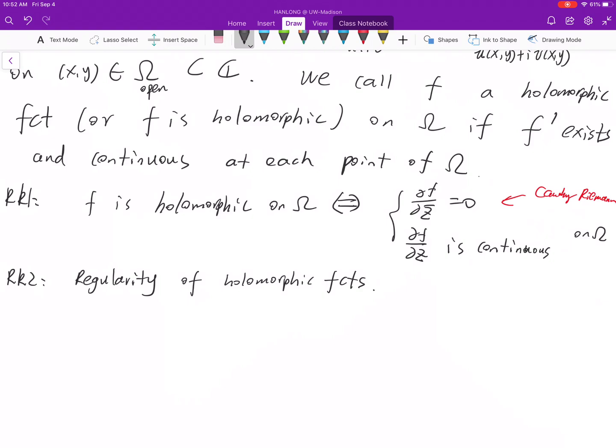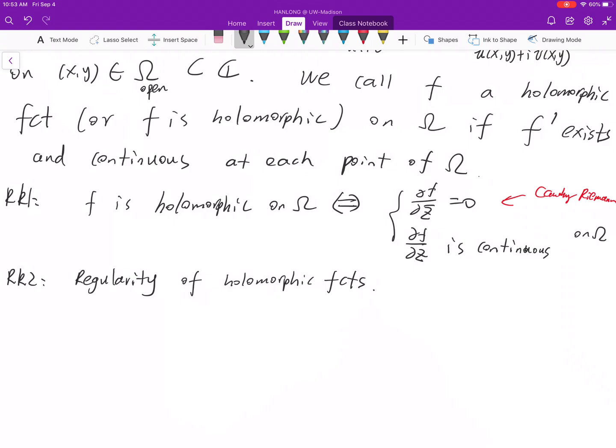Probably in some textbooks you will see that f is only required to be complex differentiable at each point. No continuity is assumed for f prime. But eventually we will see, as soon as f is a holomorphic function, it's smooth. You can take as many derivatives as you want.